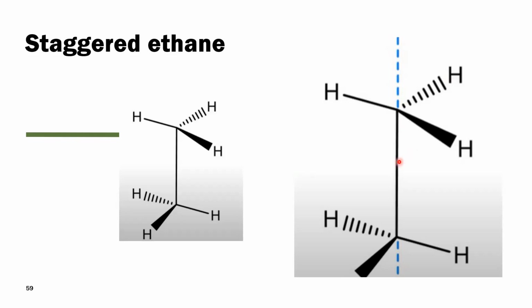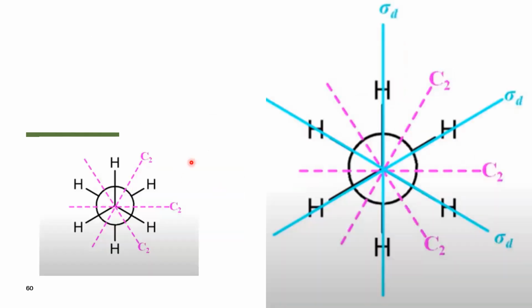In staggered ethane, C2, C3, C3 and C2 also, right? So here we have C2, right? So there are three C2 axes.